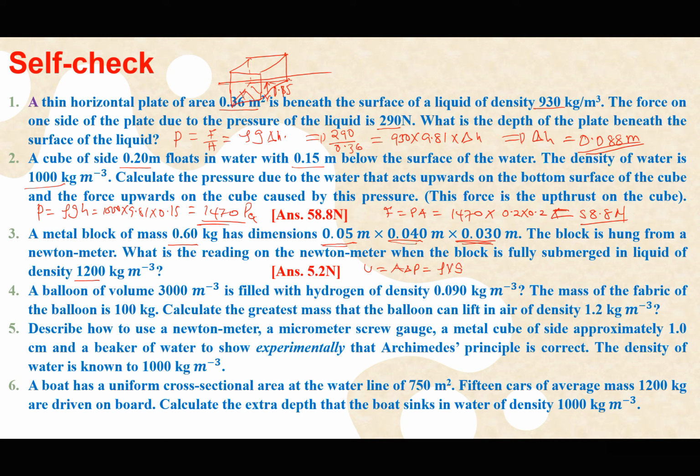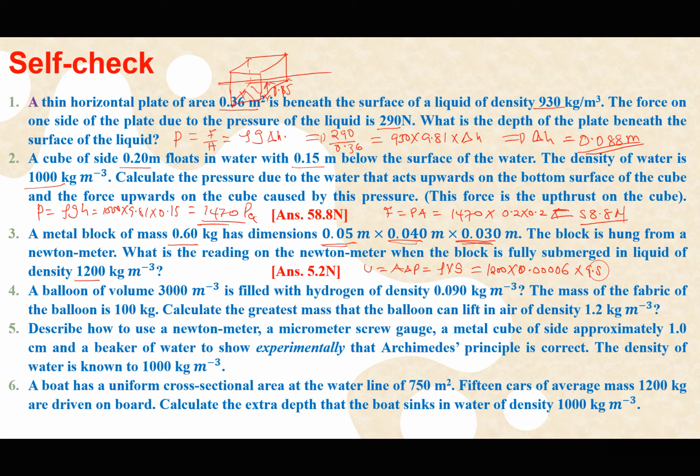So the upthrust here is going to be equal to the density, 1200, times the volume. What is the volume? I'll multiply 0.05 times 0.04 times 0.03. So this is 0.00006. That is the volume.